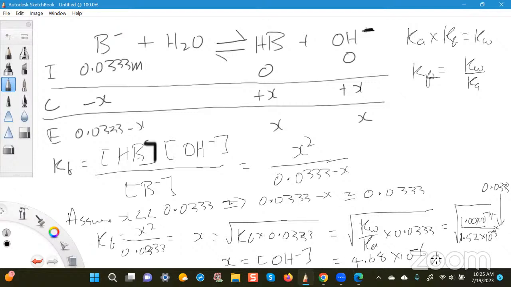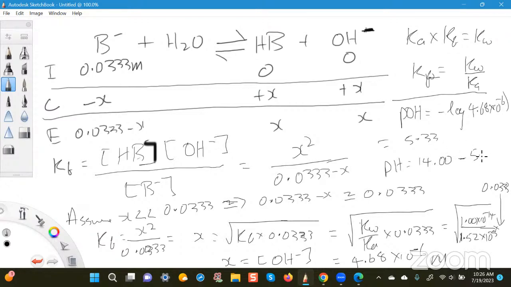So therefore, we can find the pOH. pOH is equal to minus log of 4.68 times 10 to the minus 6. And when I work that out, it works out to be equal to 5.33. So therefore, the pH would be equal to 14.00 minus 5.33. And according to my calculation, that works out to be equal to 8.67. So this would be the final answer right there.